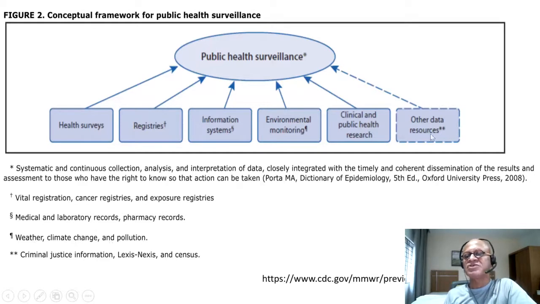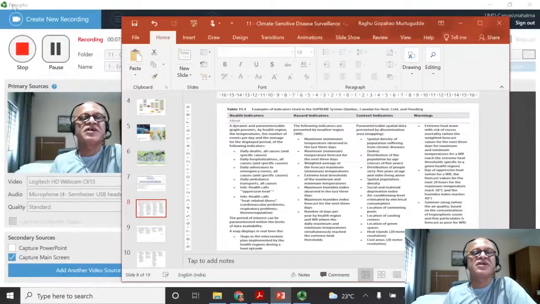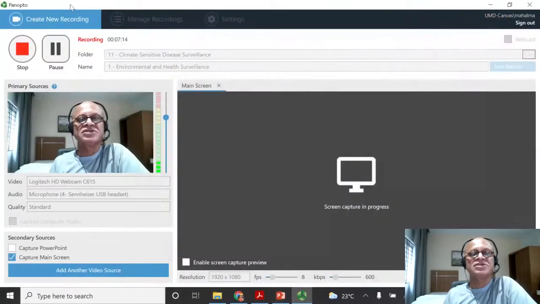Clinical and public health research and other data sources such as criminal justice information, LexisNexis, and census data, which show socioeconomic patterns, neighborhoods, vulnerability to diseases, information on education of women, age groups, per capita GDP, and so on and so forth.